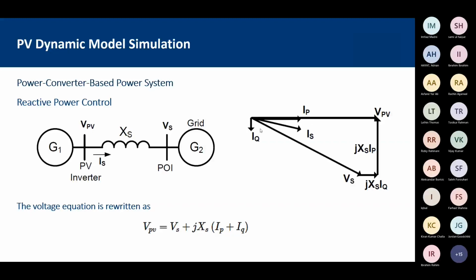So if, for example, we double the IQ here, then it will double the voltage drop, right? Which will result in an increase in the VPV. Essentially, we are controlling the voltage by controlling the reactive current. So that is one type of control which we can use in these power converter based power systems by using the reactive current.